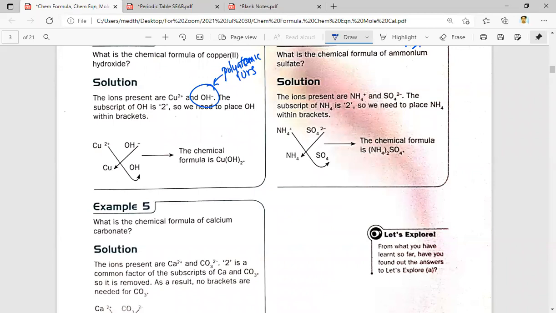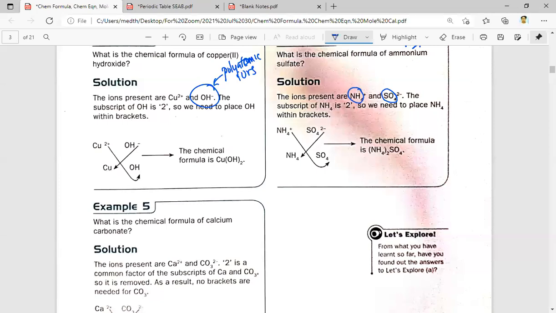Another classic example of polyatomic ion is NH4 plus. NH4 plus is actually made of 1N and 4H together. This whole thing here together form an ion. Same thing, SO4 2 minus, 1S 4O come together to form an ion. So all these that I've circled so far are what we call the polyatomic ions.